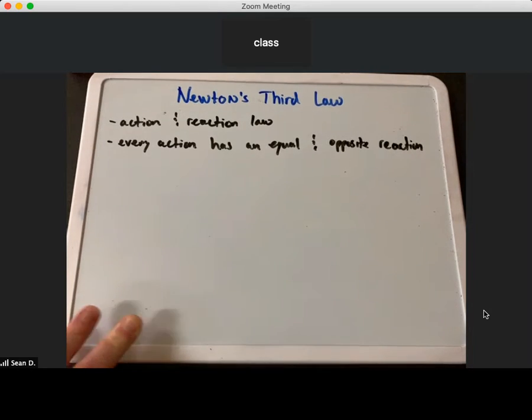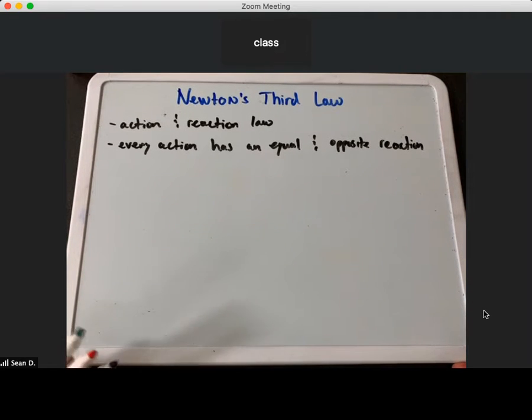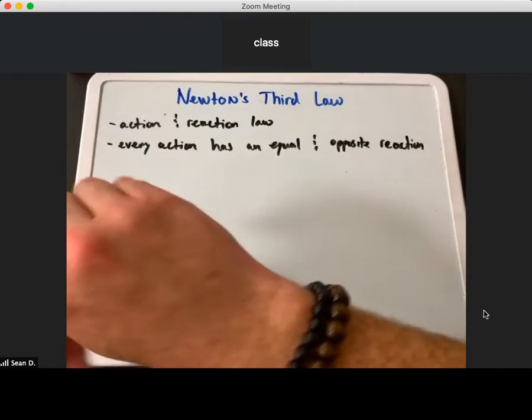Whenever two objects in the universe interact, there is a force of action one way and an equal and opposite force, a reaction, the other way. Let's look at an example.